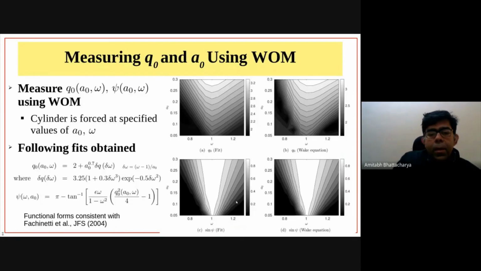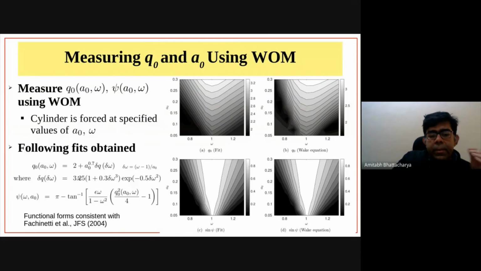Okay, so we took this wake oscillator model and carried out that exercise where we did a sweep over different amplitudes and frequencies of structure oscillations, and we got a model for our Q naught and psi.